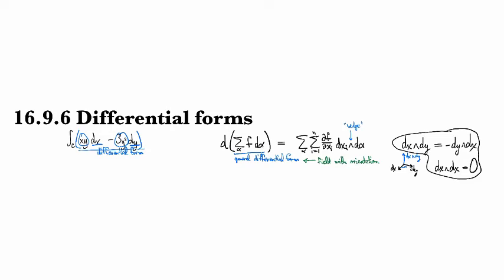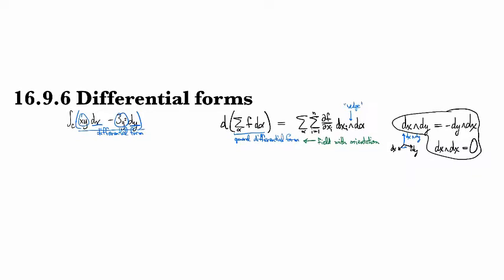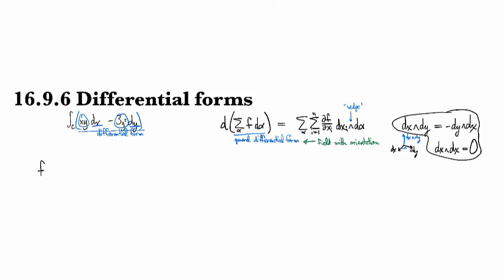Okay, so now let's go back to this godforsaken mess of a formula and see what it means. And you'll see it's not so bad at all once we look at an example. So the most basic kind of differential form is just a function. So here's f. f is what we would call a zero form because it has no dx's or dy's or anything attached to it yet.